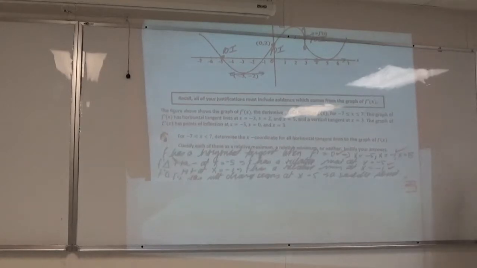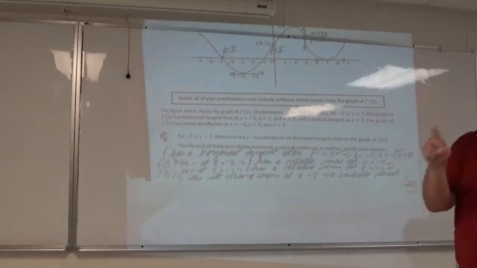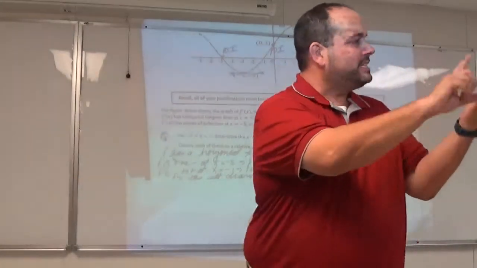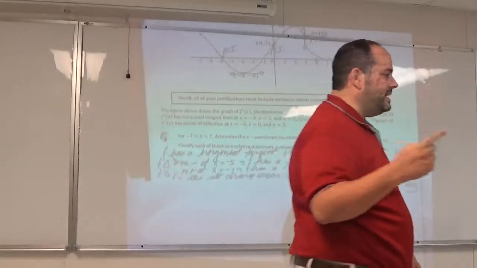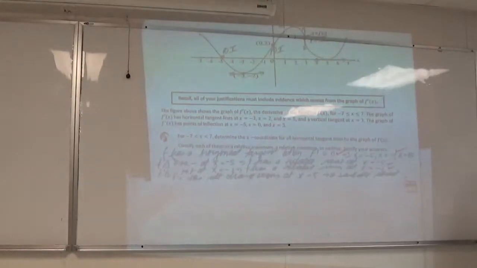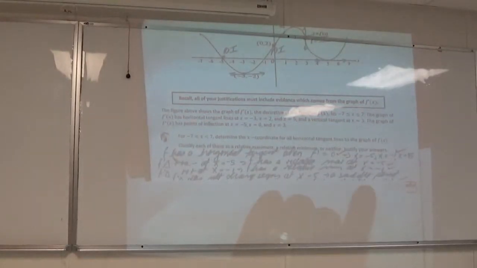Don't say saddle. What did they give you as your options? They said max, min, or neither. So it is neither. Because I teach you guys all about saddle point, everybody wants to write saddle point. And it might be okay, but if they say classify as max, min, or neither, you have to go with neither. Are you okay? Good.